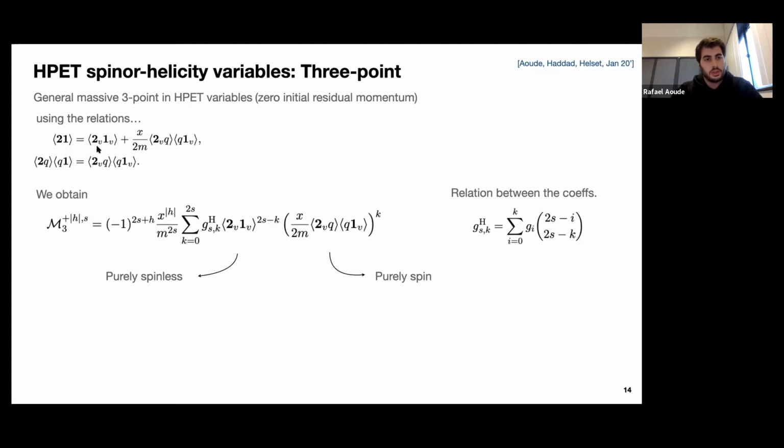So this is what I mean by: in the traditional variables, you mix spinless and spin effects. This is the most general 3-point amplitude from HPT, and we call the coefficients that come in front of each term of the amplitude the G heavy, and they are related to the traditional coefficients by this formula.